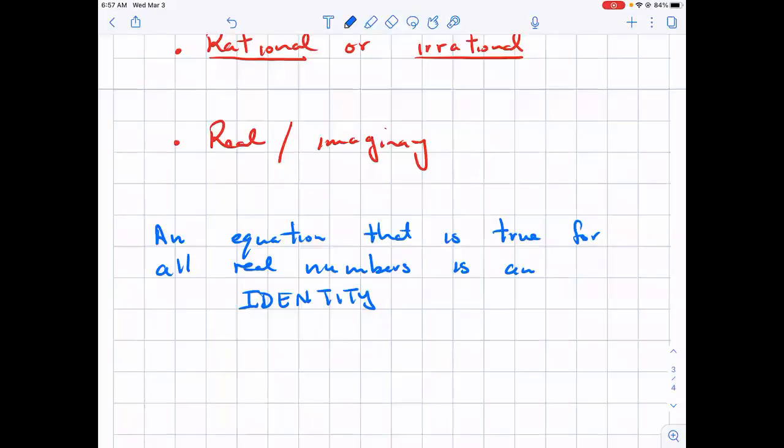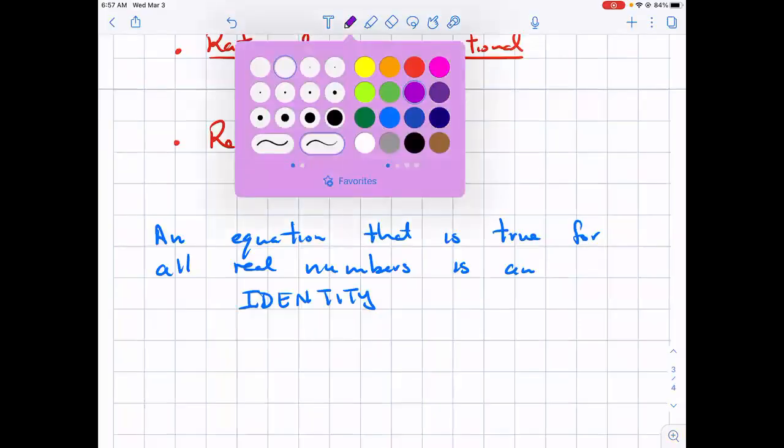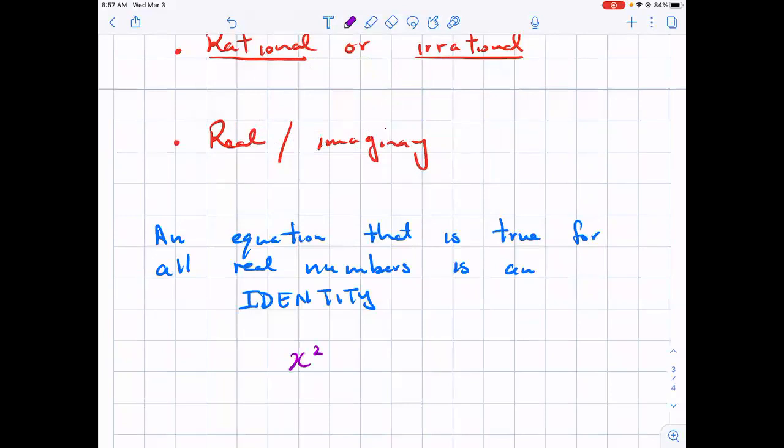An example of such an equation is if we have x squared minus 9 equal to x plus 3 times x minus 3.